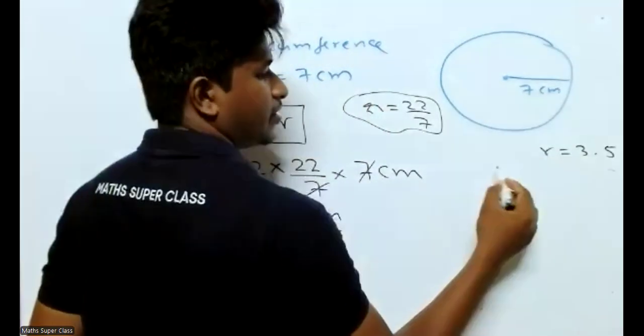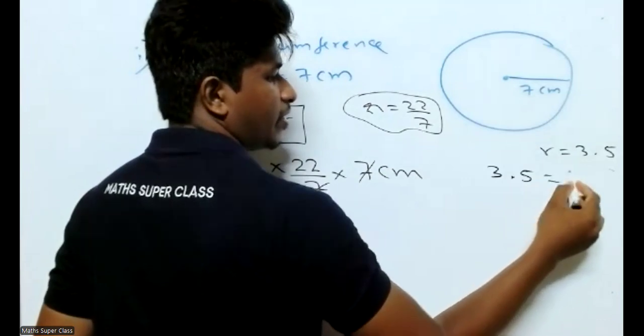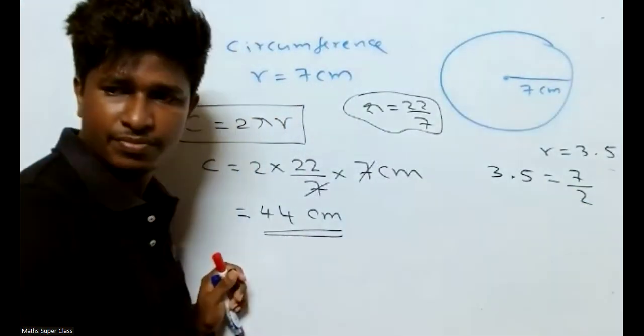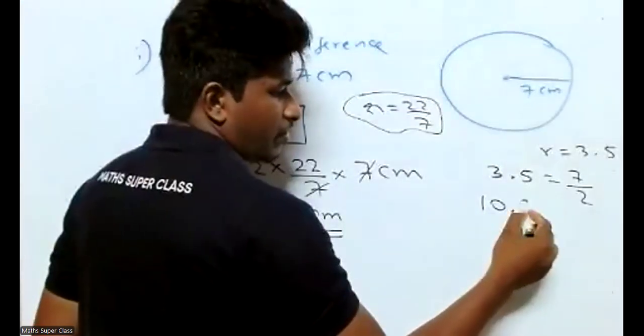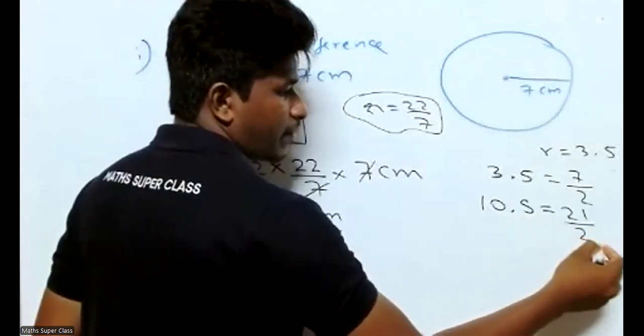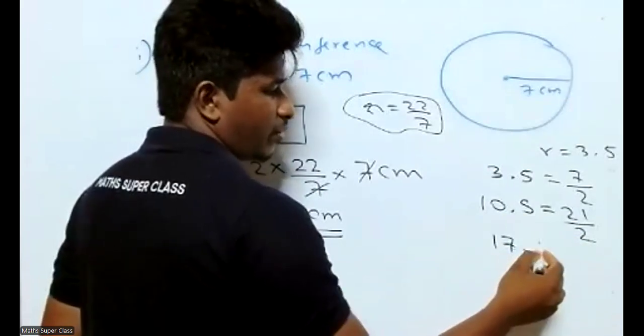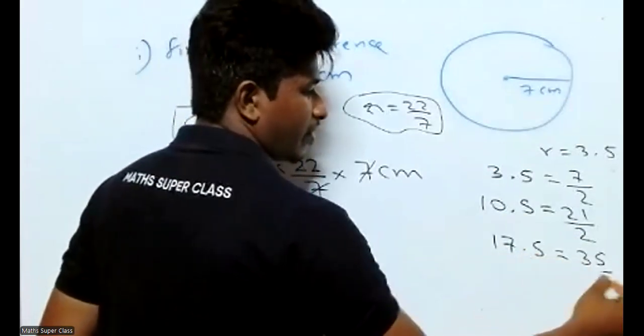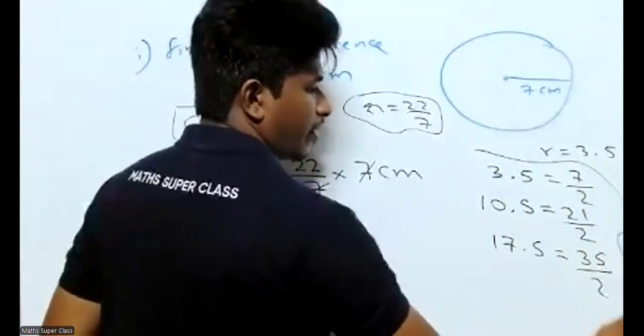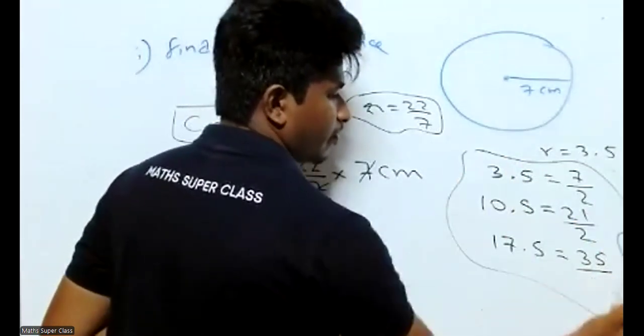For 10.5, it's better to use 21 divided by 2. For 17.5, use 35 divided by 2. It's a gift from me.